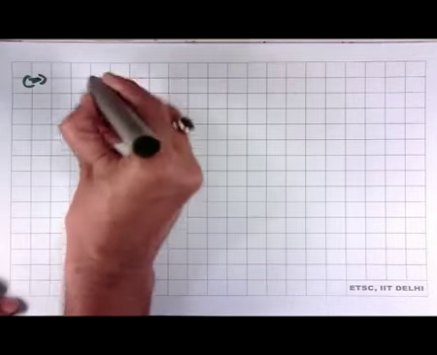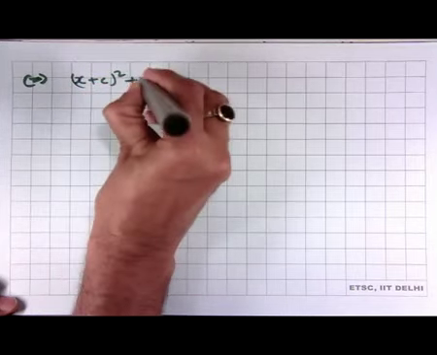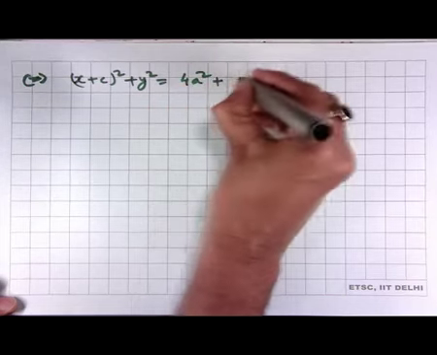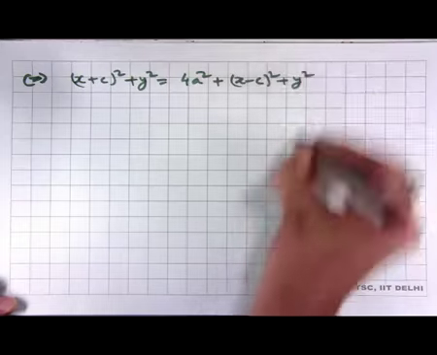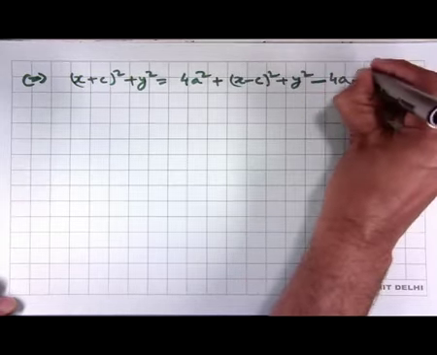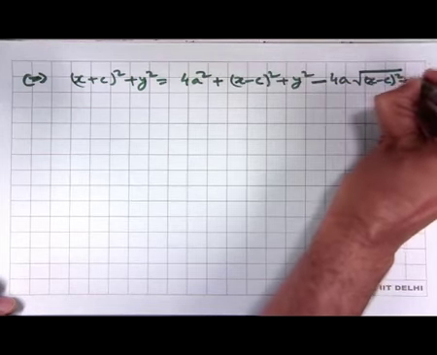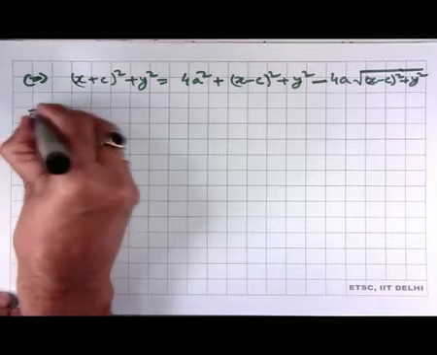Which implies we get (x plus c) square plus y square equal to 4a square plus (x minus c) square plus y square minus 4a times square root of (x minus c) square plus y square. So, let us take the square root to one side.